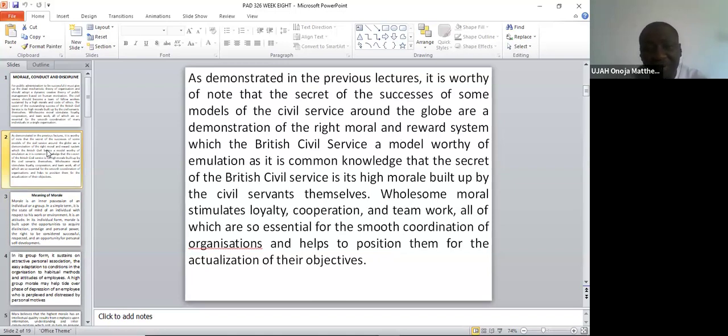And that is why the British civil service continues to be a model to other societies, particularly those that are not economically positioned as those of the civil service. So we have a model to emulate, and then the ideas to be replicated in our civil service to improve the welfare of the workers.